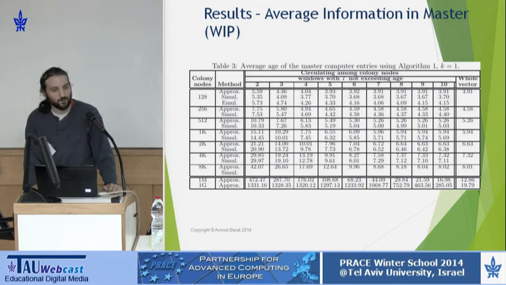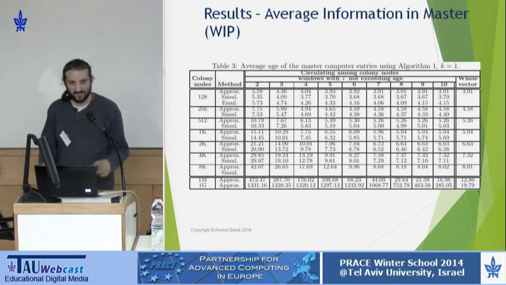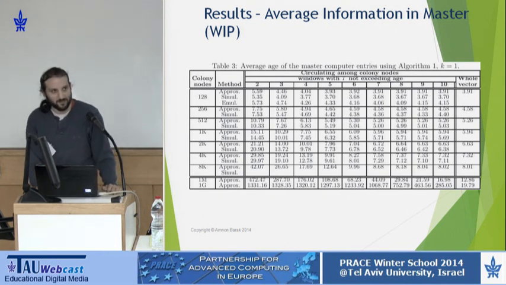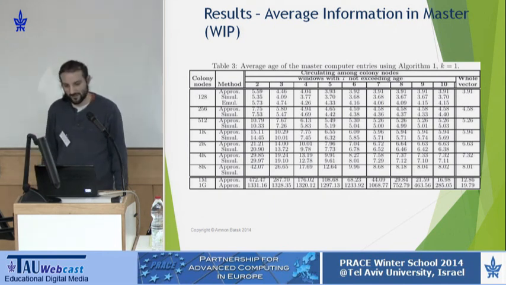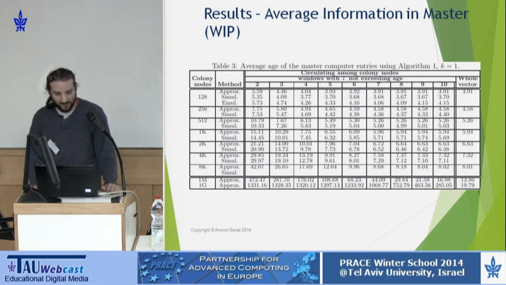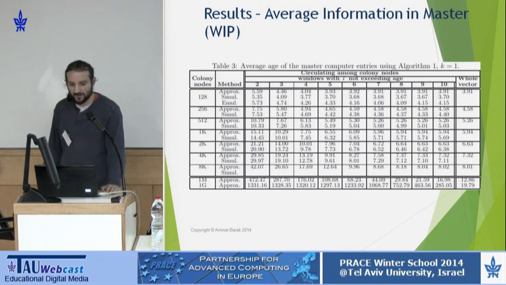Into the master computer, we always send the whole vector. I mean, they send a window between each node in the colony, but the master gets the whole vector that the node has. We see that the average is better than the ones inside the colony, like you expect.